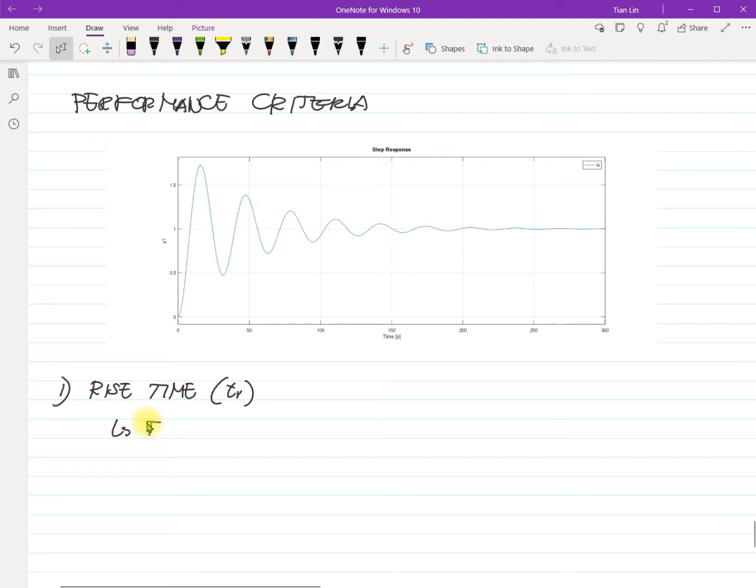This is the time to reach steady state value. This is for an underdamped system.